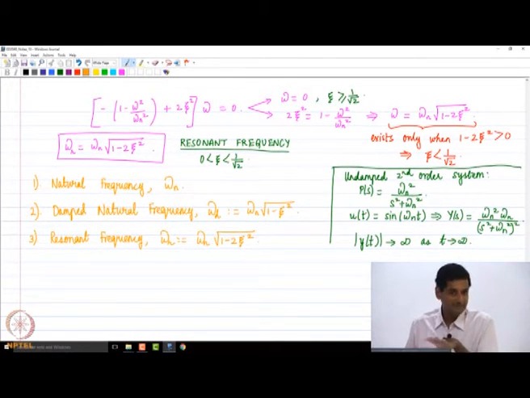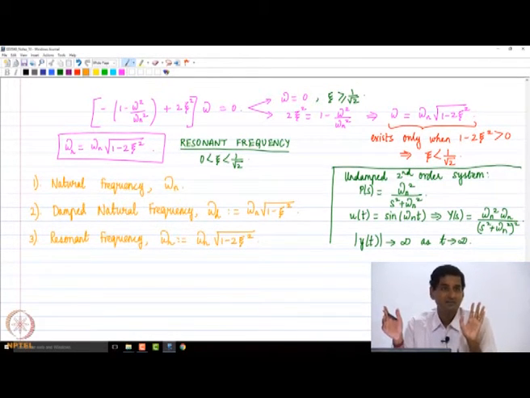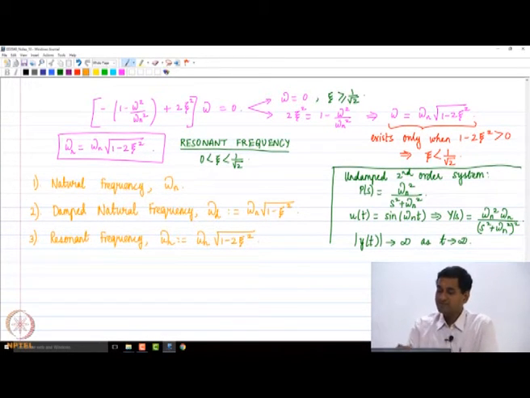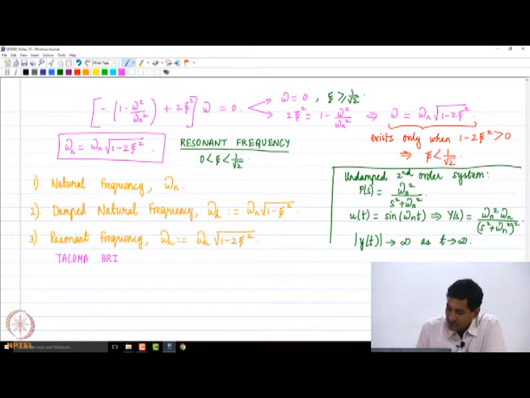The system is still stable, no doubt about it, but resonance can lead to oscillations of reasonably high magnitude which can cause structural damage. One famous example typically given to illustrate this is the Tacoma Narrows bridge collapse. Please search online and watch the video.